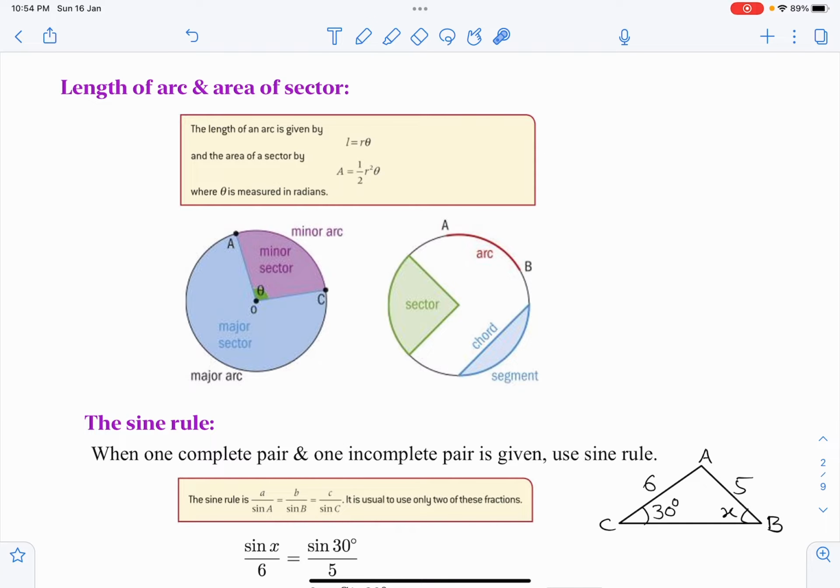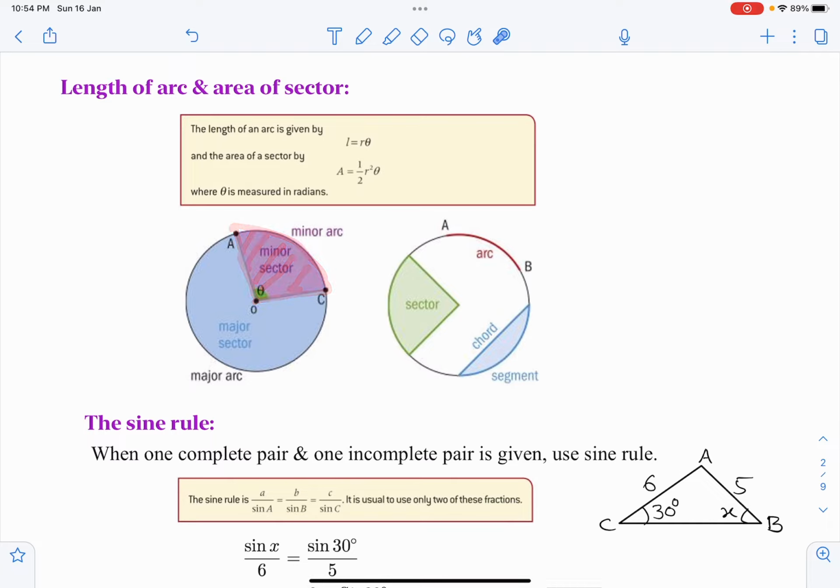Similarly, there will be a minor sector and a major sector. What is a sector? A sector is the part intercepted by two radii with the arc. That section is called a sector, so it is always between the two radii.